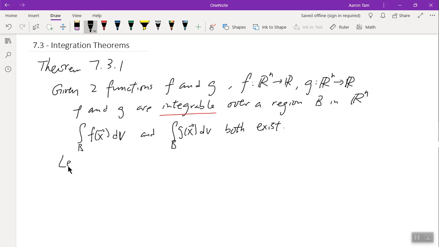Let's say A and B are two scalars, two constants. Then this is what is true.